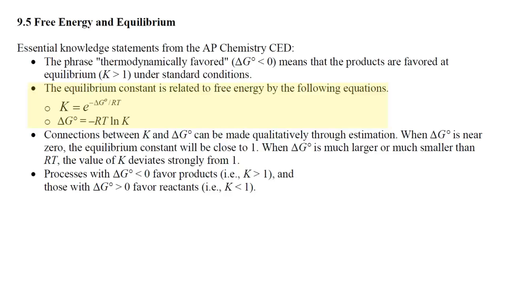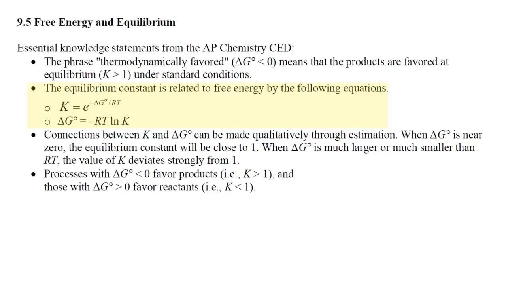Now, I'll just note that even though there are two equations listed here under this essential knowledge statement, only one of these equations actually appears on the AP Chemistry equation sheet, and that would be the second of these two equations. So that second equation that says delta G equals negative R times T times the natural log of K, that equation does appear on the AP Chemistry equation sheet, but that first equation is simply a mathematical rearrangement of the second equation.